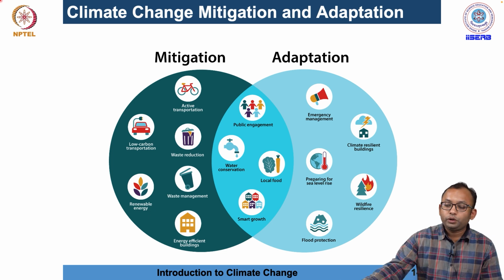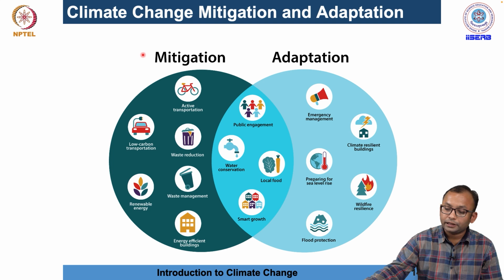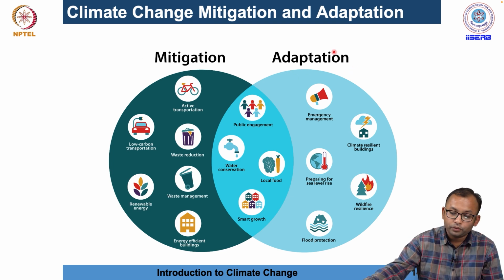So these are the two conditions where we can apply strategies to address these climate conditions. For example, mitigation refers to efforts aimed at reducing the cause of climate change, primarily by lowering greenhouse gases.